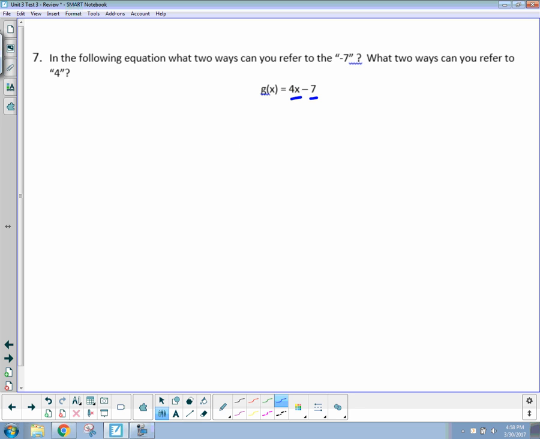It is also referred to as the vertical shift down 7 units. So let me write this out for you guys. Typing is so much easier than writing this stuff. And y'all can read it. So we can say, too big.